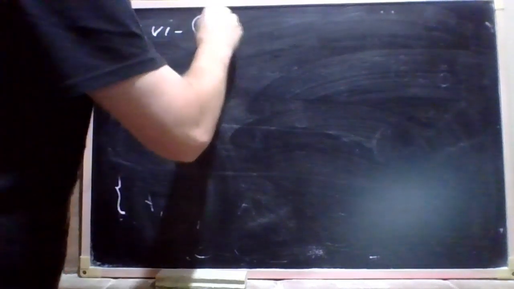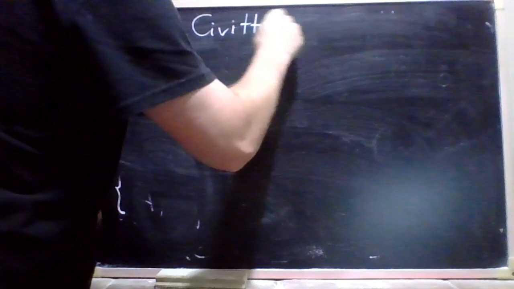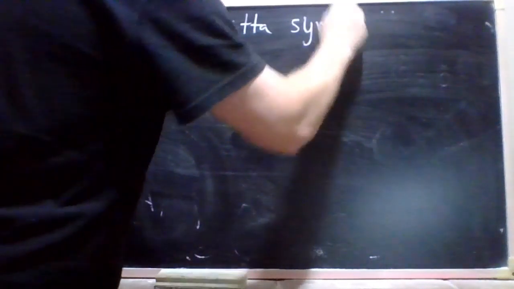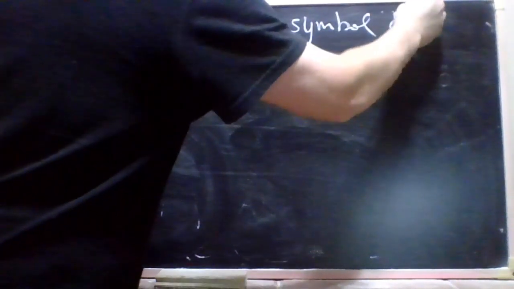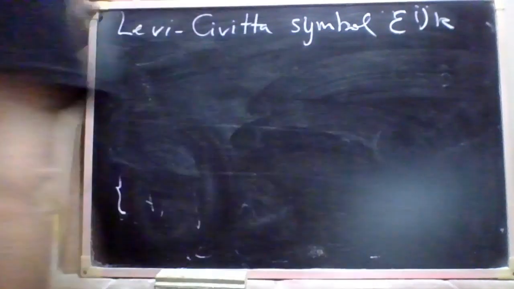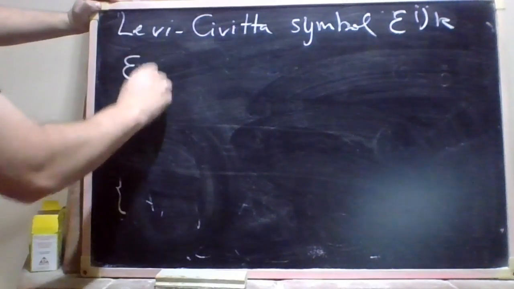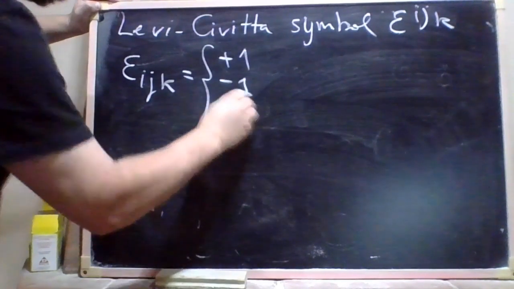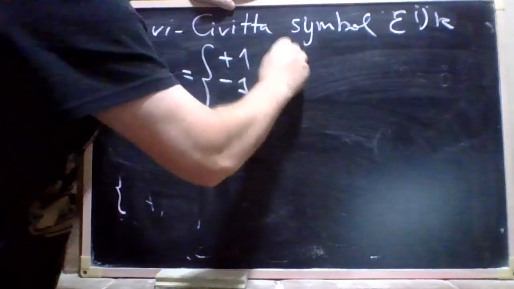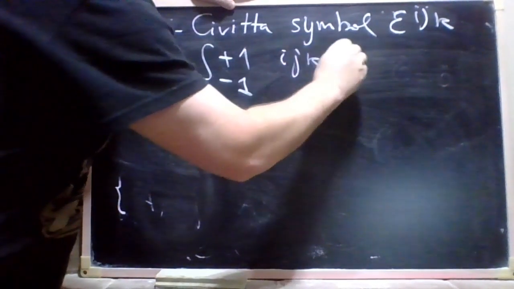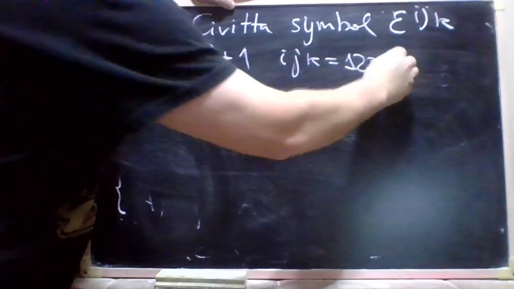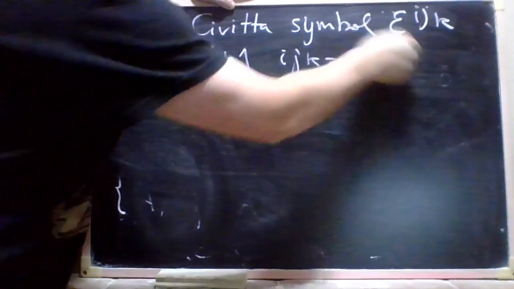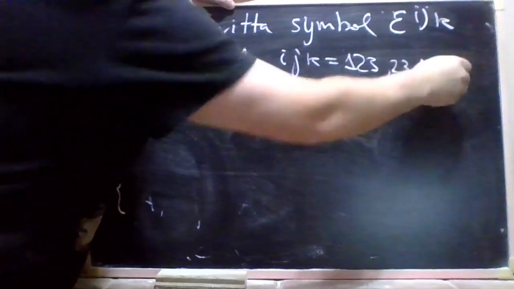Okay, and well, I didn't comment about the Levi-Civita symbol, which I wrote previously. This symbol means a plus one, a minus one, or zero. If you have i, j, k in a cycle 1, 2, 3, or you can just move the 1 to the end, so you get 2, 3, 1, right?